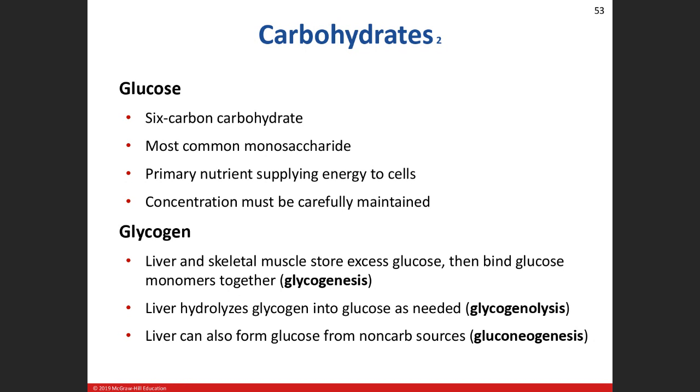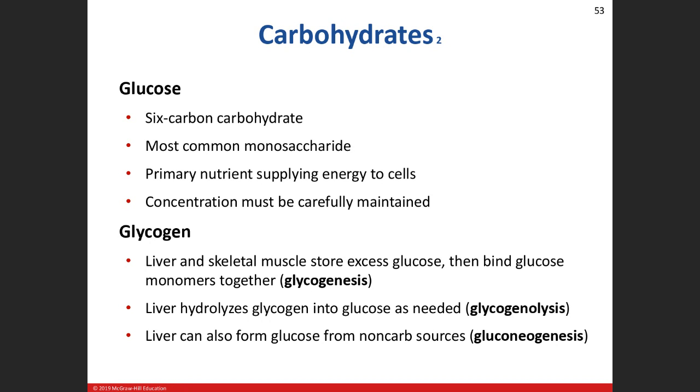So we talked about glycogen. That is our polysaccharide, and you want to know the two locations in which glycogen is stored. When we have too much glucose floating around in our body, your body likes to store things away for a rainy day.